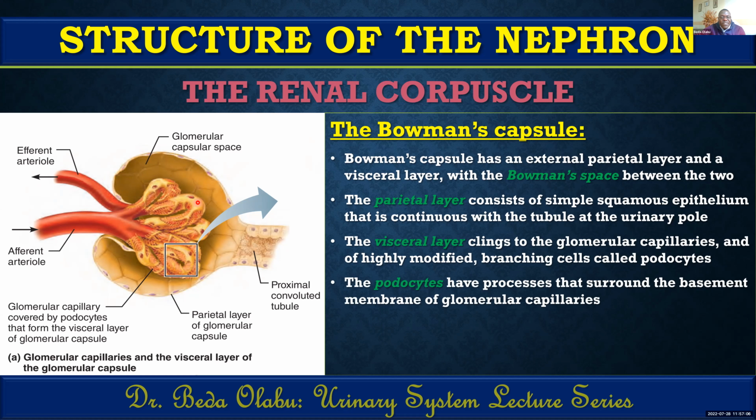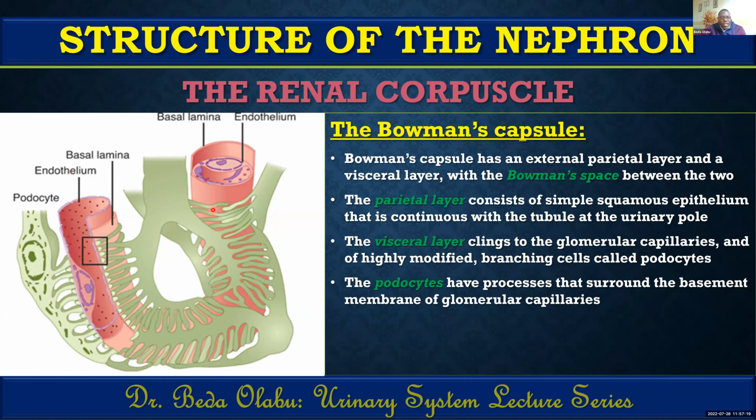These podocytes have several processes: primary, secondary, and tertiary processes. These processes are the ones which go around the basement membrane of the capillaries. In the manner shown in this particular image, we can see perhaps this is a primary process, and maybe that's a secondary process, and that's a tertiary process of the podocytes.